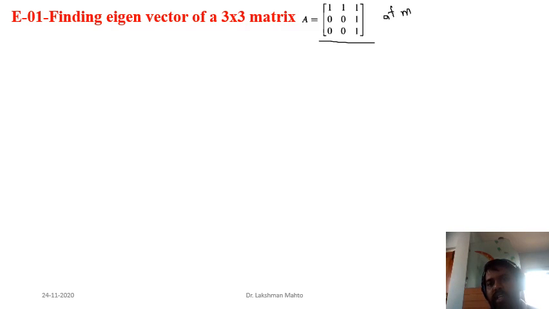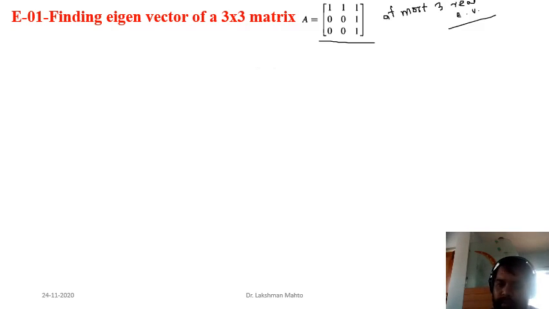We are not interested in this course in finding complex eigenvalues or complex eigenvectors. That is part of advanced linear algebra, and we are not going to cover that. So at most 3 real eigenvalues will be there, and we can get at most 3 eigenvectors as well. In short, I am writing it as EV.